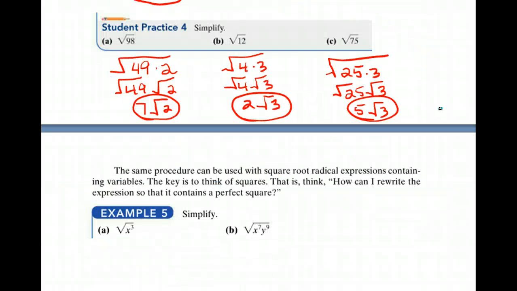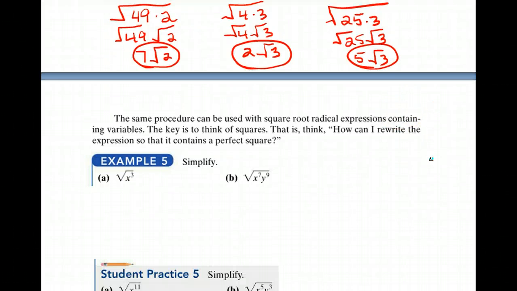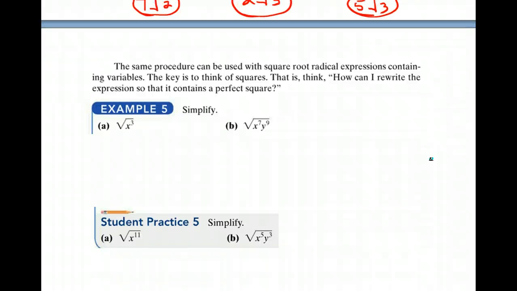Okay? Now, this exact same procedure that we just did can be used to simplify problems that contain variables that are not perfect squares. Now, when we had variables that ended with an even exponent, I told you that you could simply divide that power by 2.